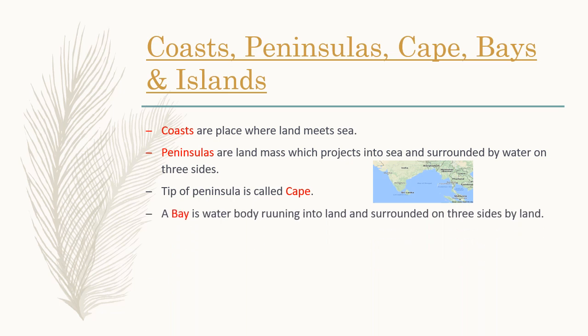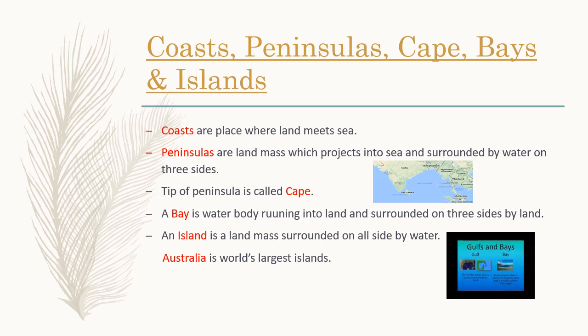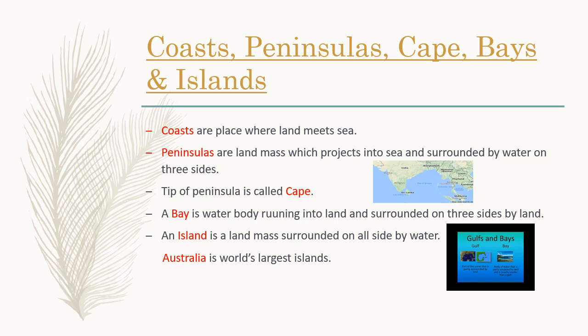A bay is a water body running into land and surrounded on three sides by land. A water body surrounded by land on three sides is called a bay, and land surrounded by water on three sides is called a peninsula. An island is a landmass surrounded by water on all sides. Australia is the world's largest island.